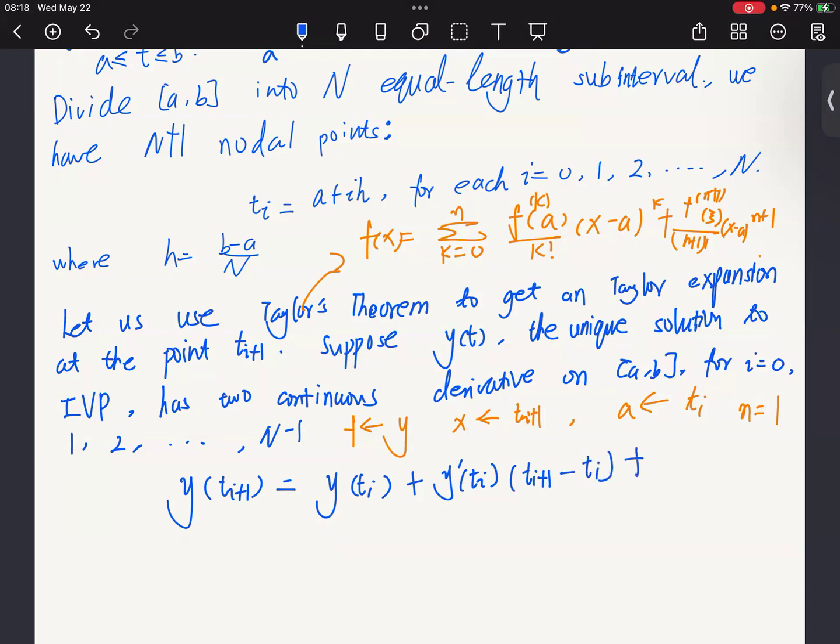And the last one should be the remainder, which is the second derivative evaluated at a point I'm going to denote as c_i, because for each small subinterval the c could be different. This is the second derivative evaluated at c_i, divided by 2 factorial, which is just 2.